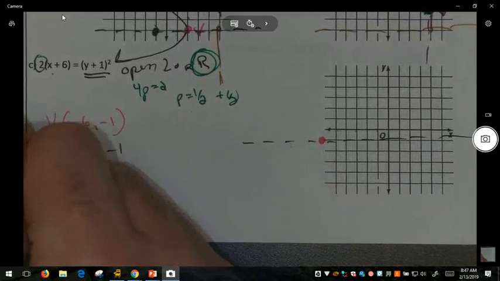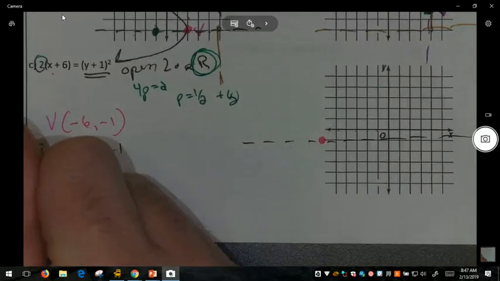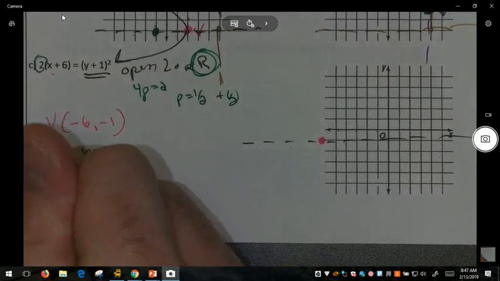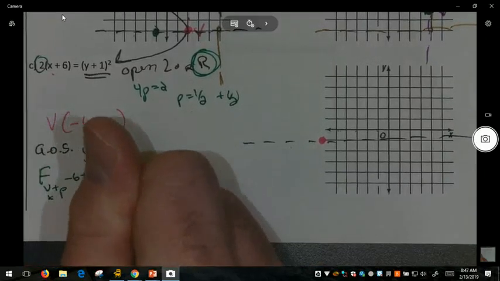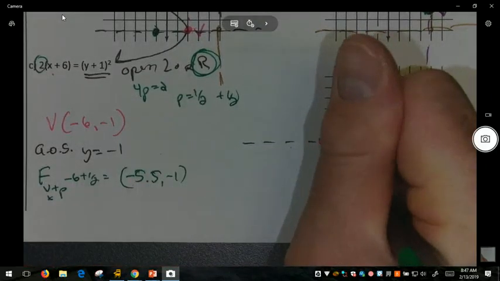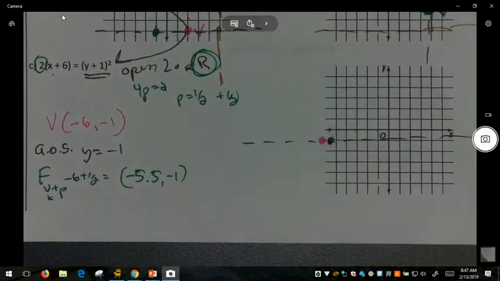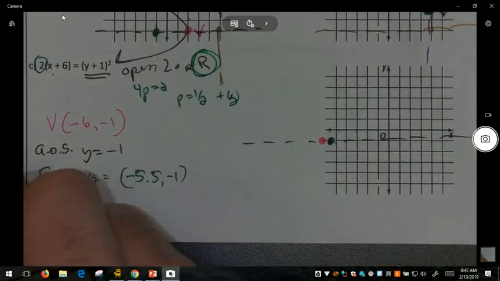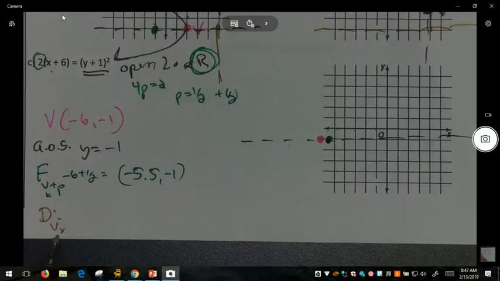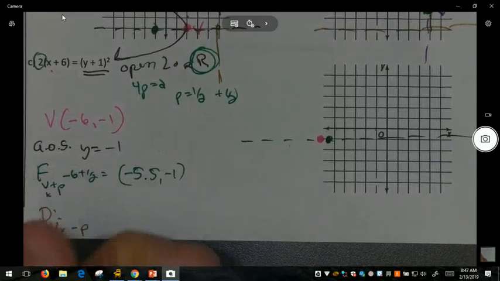Our focus is the vertex plus p. It'll be the x of the vertex plus p. So negative 6 plus 1/2 will be negative 5.5. So negative 5.5. There's our focus right there. Our directrix will be our vertex, which was changing the x-coordinate since it's opening left and right, minus p.